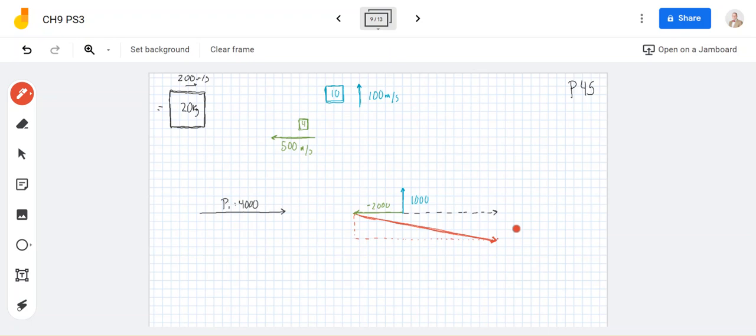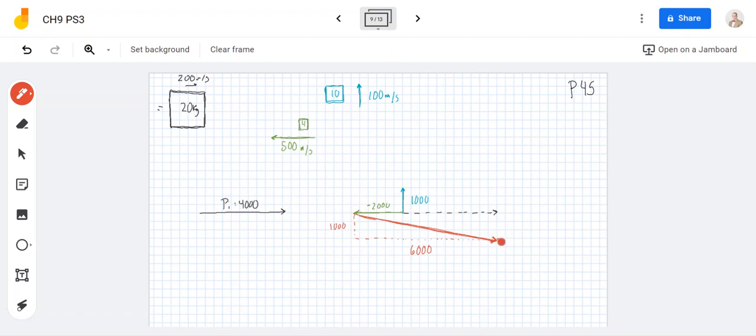Let's see if we can figure out what the situation is here. So I know that the down has to be 1,000 kilograms meters per second for that momentum. And this has to be enough to cancel out the 2,000 and add to 4,000. So this has to be 6,000 kilograms meters per second.